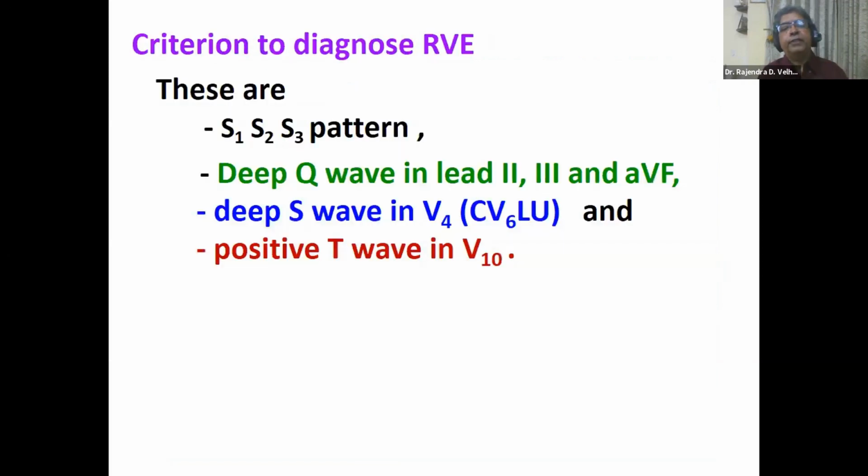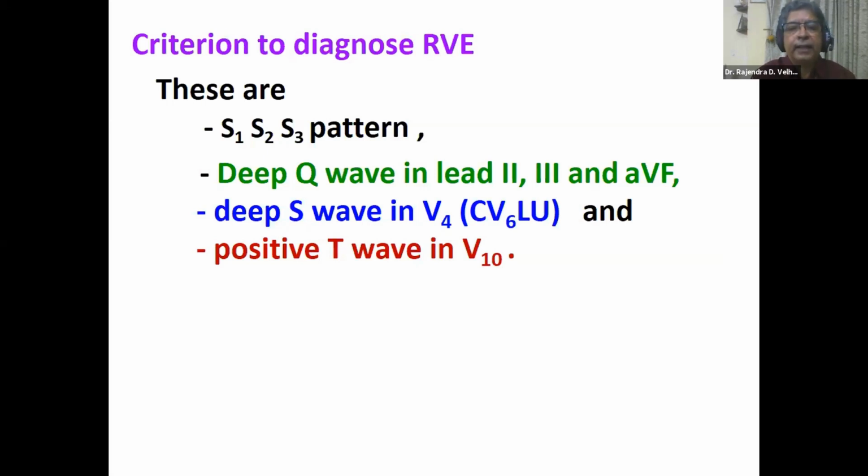Now, so far we have seen all the criteria and morphological alterations indicating left ventricular enlargement, but the right ventricle also enlarges. So what are the criteria or morphological alterations which signify right ventricular enlargement?